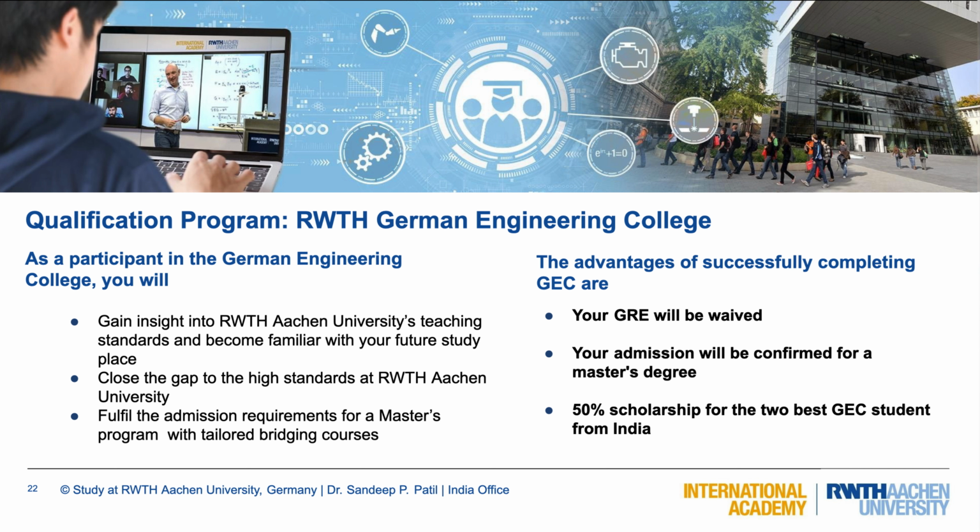There is also a good possibility that two best students from India will get a 50% scholarship, that's like a 12,000 euro scholarship for the master's degree program. And more important than that, you will be completing your mandatory academic prerequisites, and you will have hands-on experience and theoretical knowledge about the courses you require in order to start your career at RWTH.